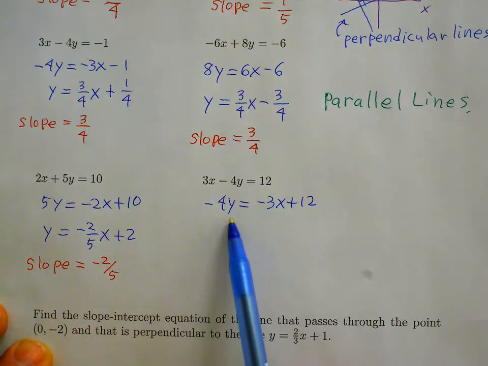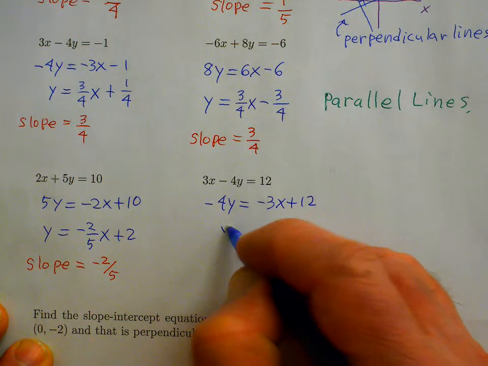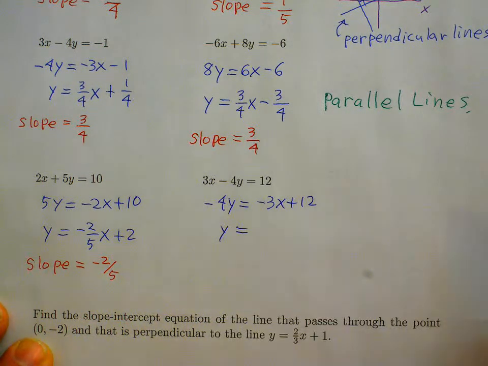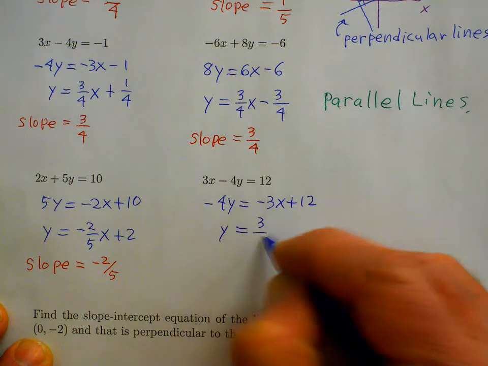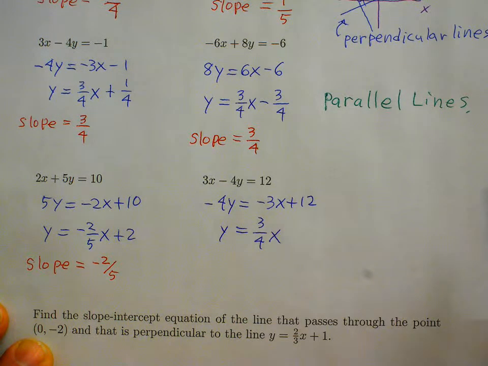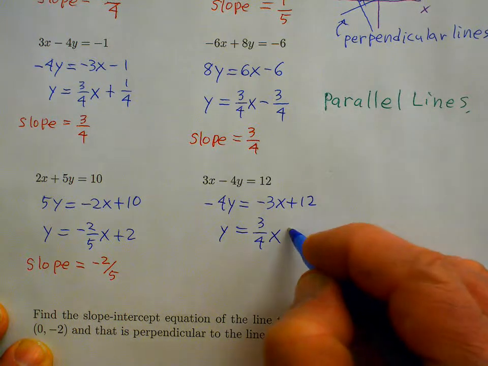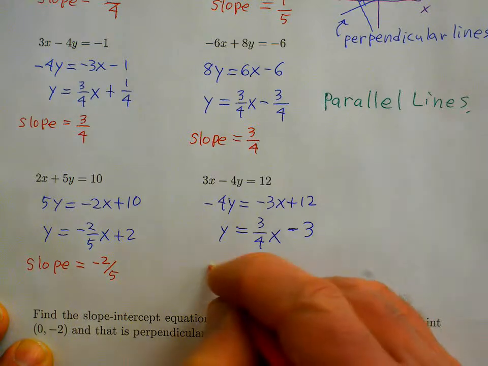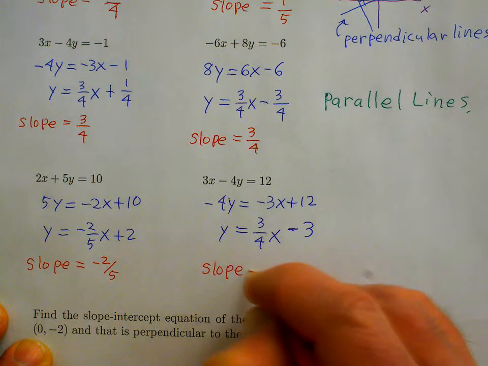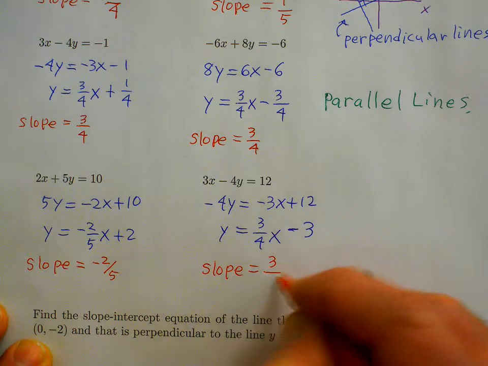Negative 4y divided by negative 4 is y, 1y. Negative 3x divided by negative 4 is positive 3/4 x. 12 divided by negative 4 is negative 3, so we write minus 3. And the slope of this line is positive 3/4.